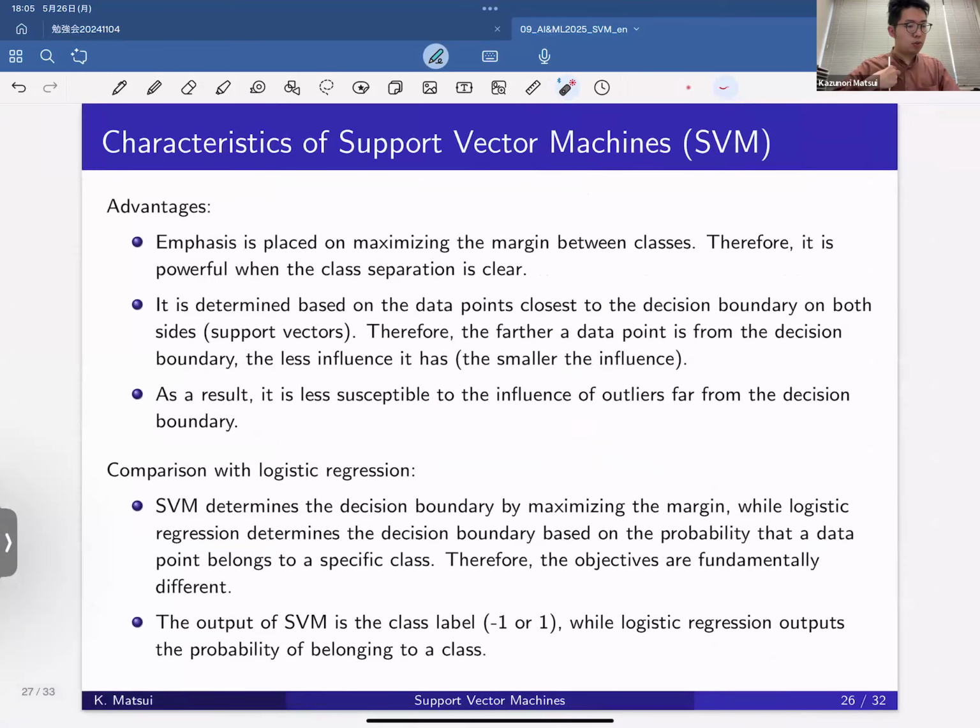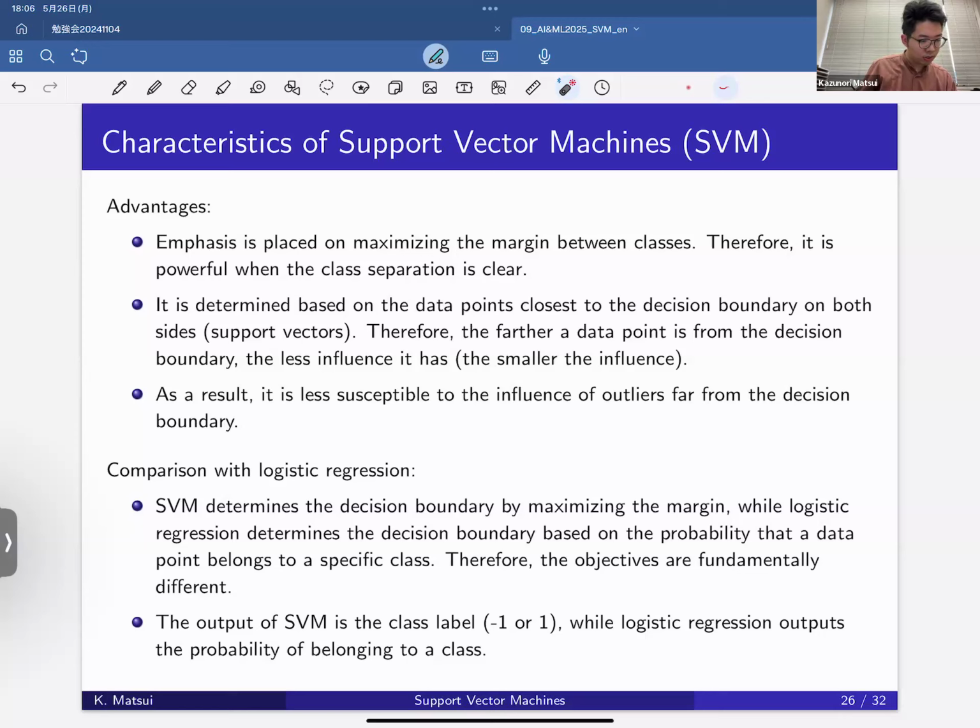To summarize what we have covered so far, support vector machine is a method that emphasizes maximizing the margin between classes. Therefore, it is powerful when class separation is clear. It is determined based on the data points closest to the decision boundary on both sides, that is, support vectors.